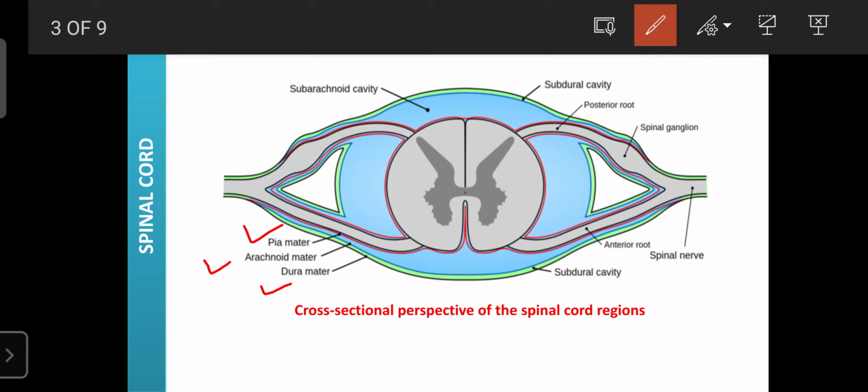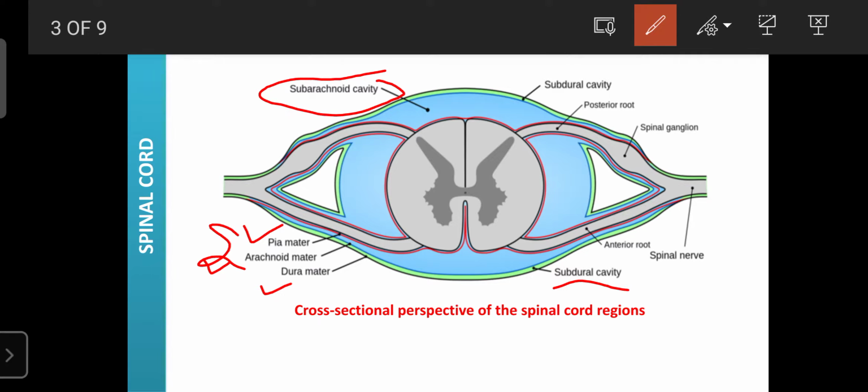The outermost layer is known as the dura mater, the middle layer is the arachnoid mater, and the innermost layer is known as the pia mater. The space between the dura mater and arachnoid mater is known as the subdural cavity, and the space between the arachnoid and pia mater is known as the subarachnoid cavity.